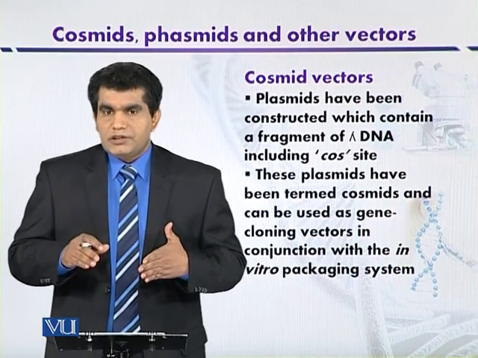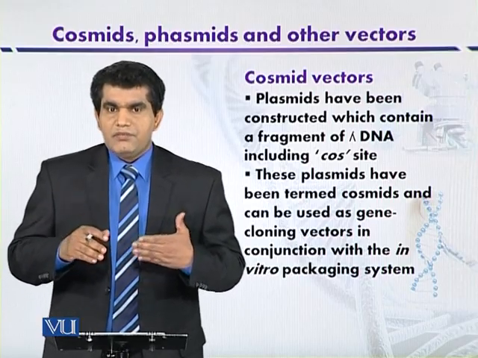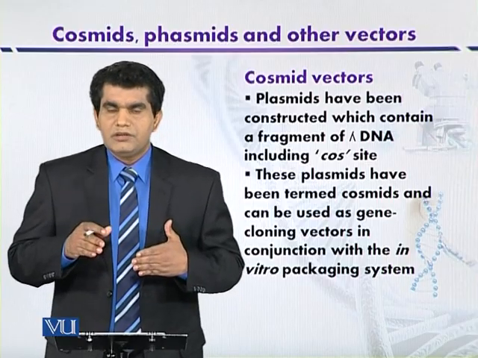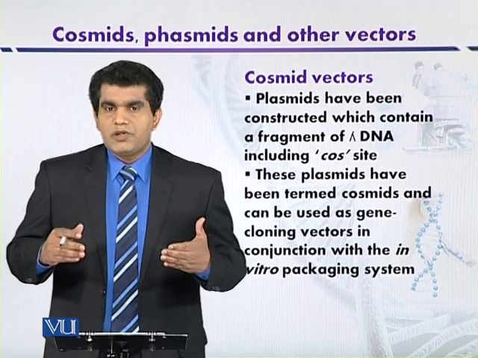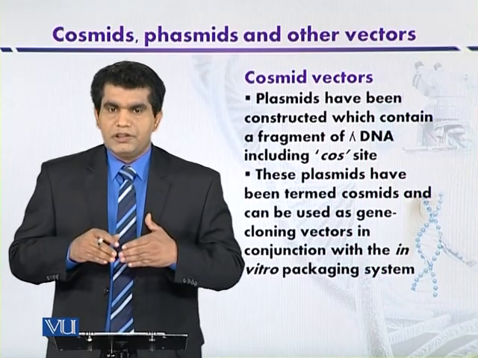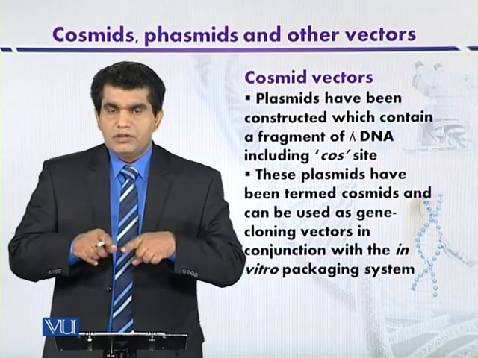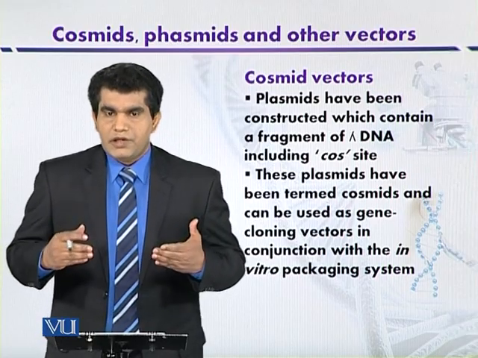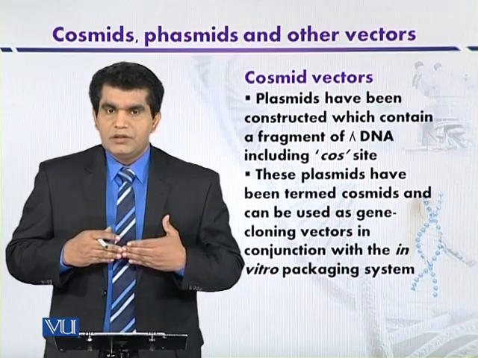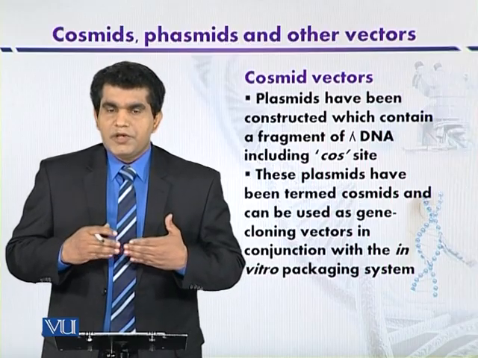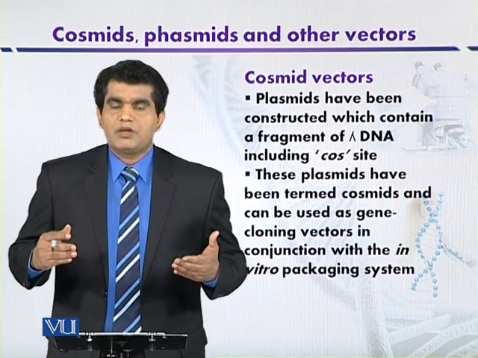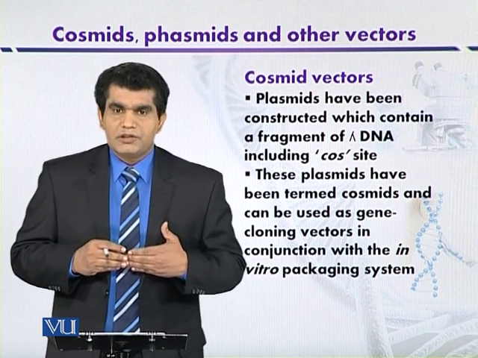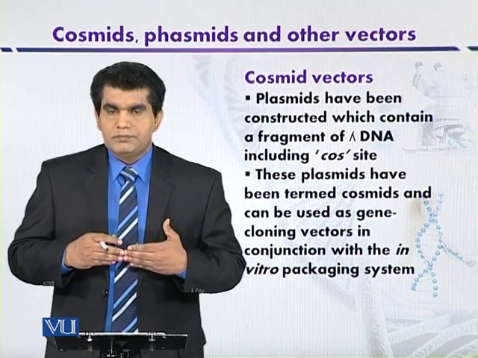It can insert its genomic DNA, which is now a recombinant cosmid. After injection, the recombinant cosmid, by using the cos site, can assume the circular form. So this is one of the advantages of the Cosmid vector: the transformation of the host organism is comparatively efficient and larger DNA fragments can be cloned.